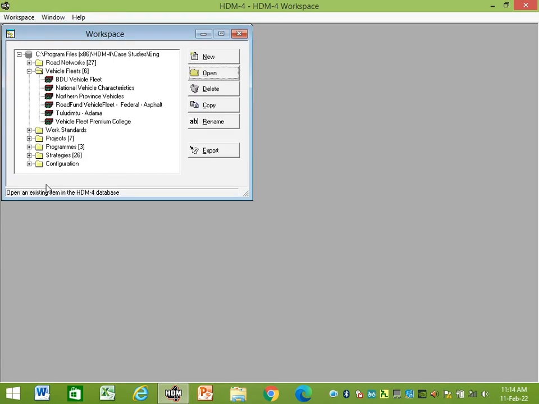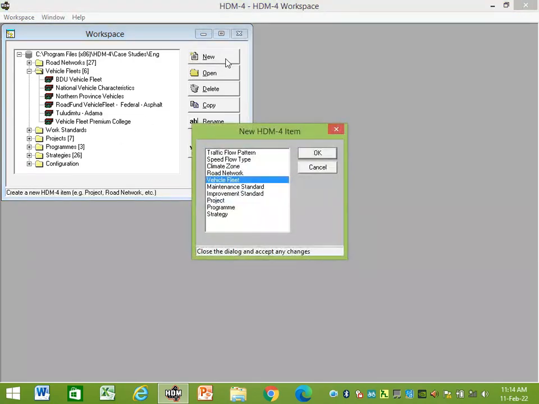Okay. So new, go to new, improvement, work standard, maintenance and improvement. So if it is a gravel road, we'll upgrade it to asphalt road as a new project.